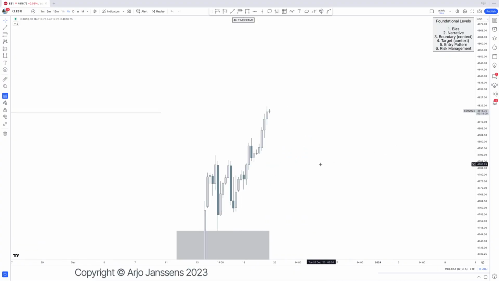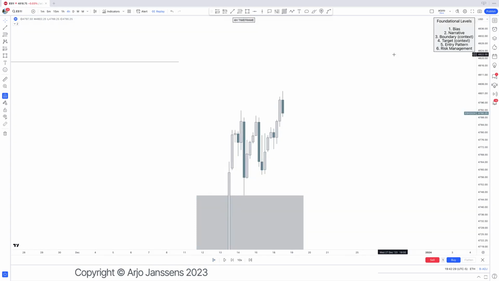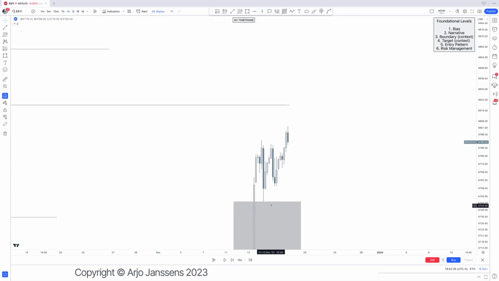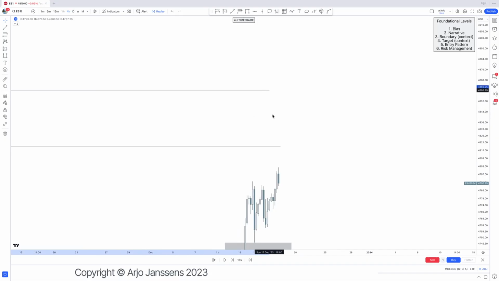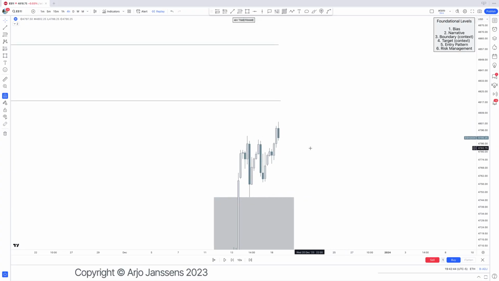Now, on the 4 hour overall, we see that if we take it a bit back, this is where the direction starts. Why did we mark out those higher time frame PD arrays right there? We have this one, we have the daily fair value gap, and we also have this high right there. Because very simply said, we are now looking at which higher time frame PD array we want to trade to first.